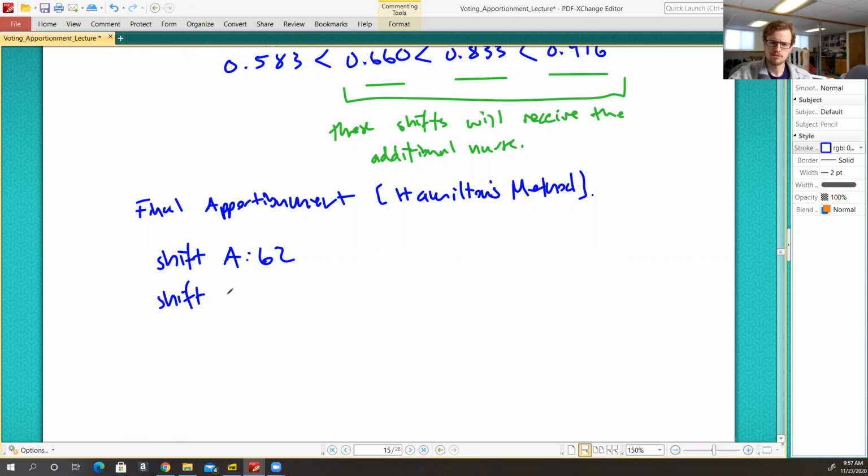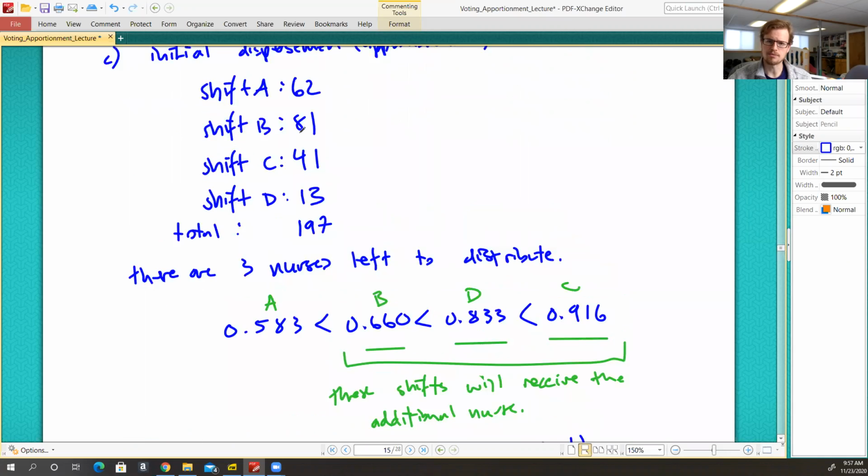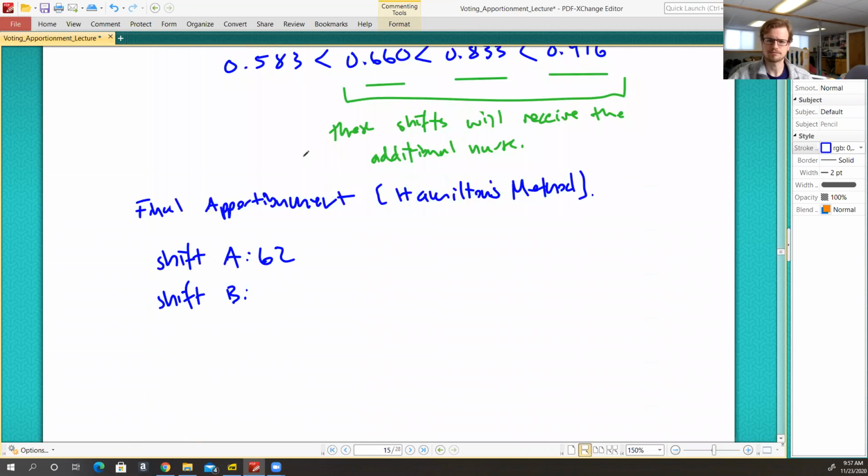Shift B, they get an extra nurse, so they go from 81 to 82. Shift C, they go from 41 to 42 because they get an extra nurse. And shift D, they get an extra nurse, so they go from 13 to 14.